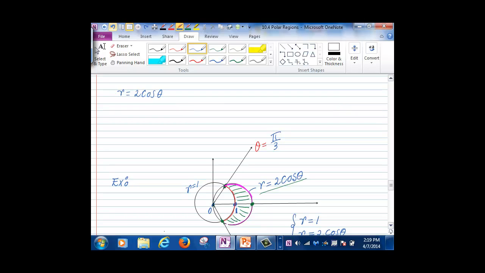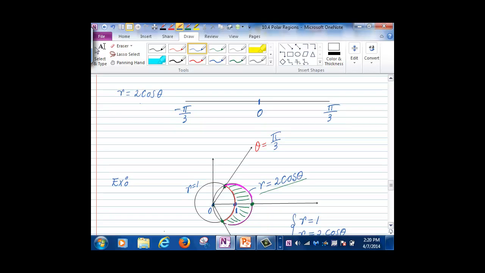All I care about is what's happening between negative pi over 3 and positive pi over 3. So let's say I have negative pi over 3 and positive pi over 3, and I want to know what is happening in between. So let's say 0 is right here.